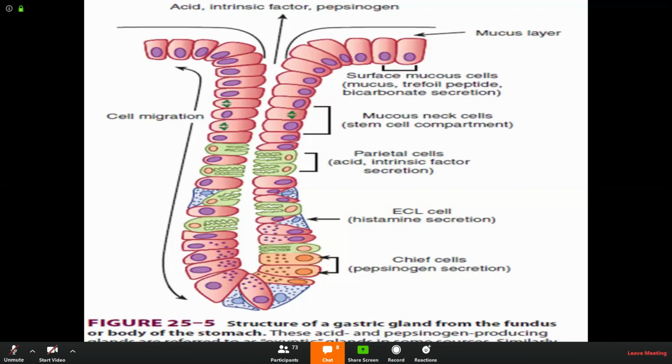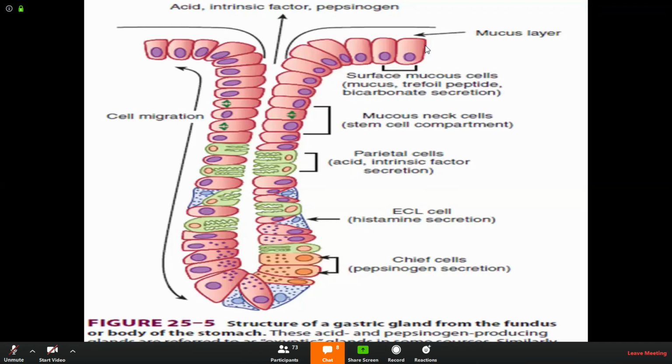In that question, you have to write: because the surface mucous cells of the stomach secrete mucus, bicarbonate, and trefoil peptide, due to which the mucus layer has an alkaline pH in comparison to the lumen of the stomach.